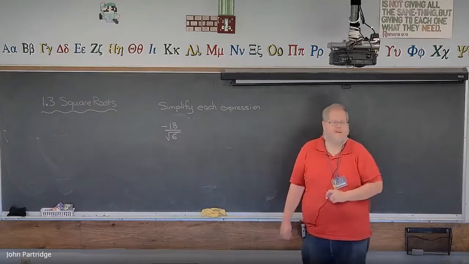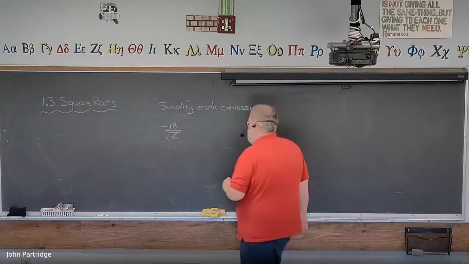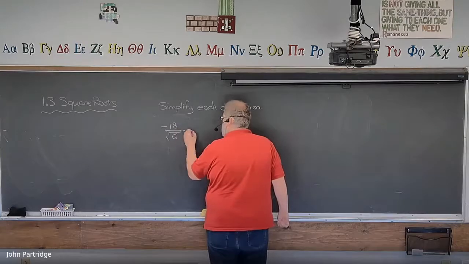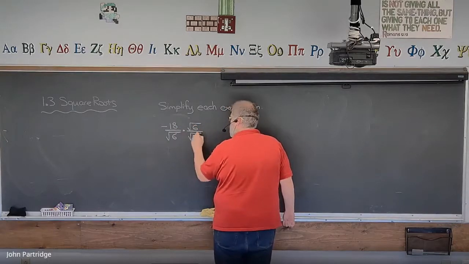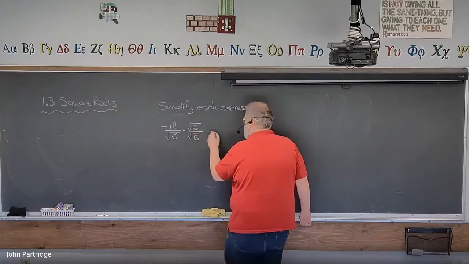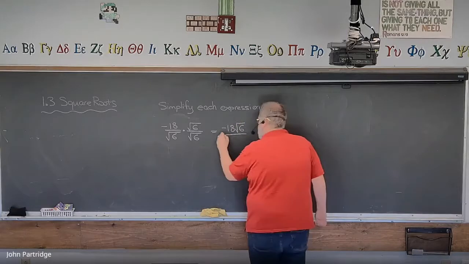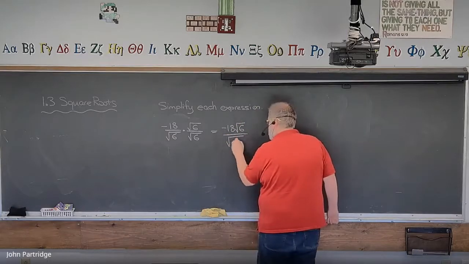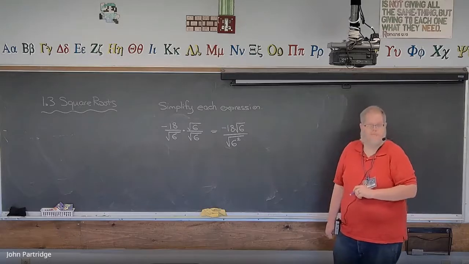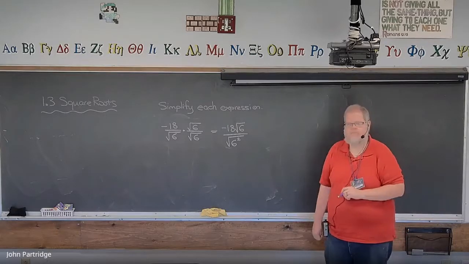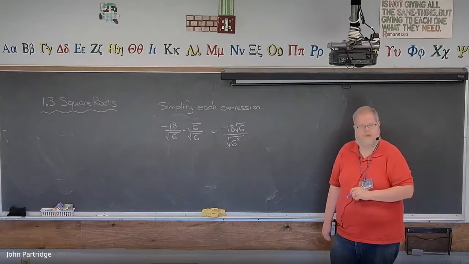Negative 18 divided by the square root of 6. Negative 18 times the square root of 6 divided by the square root of 6 squared.